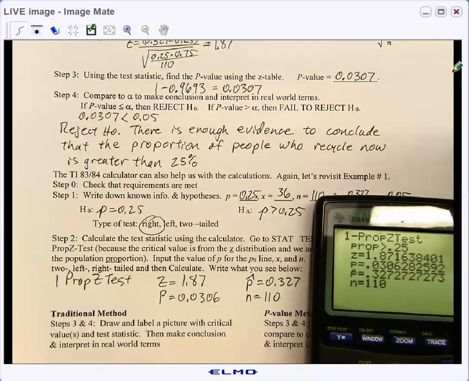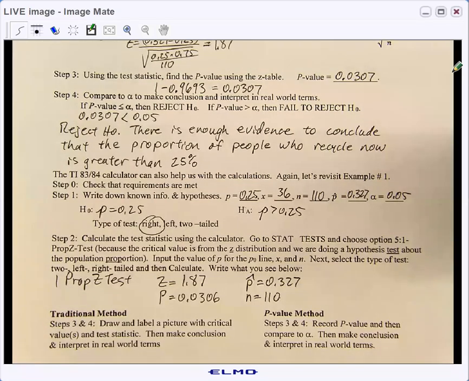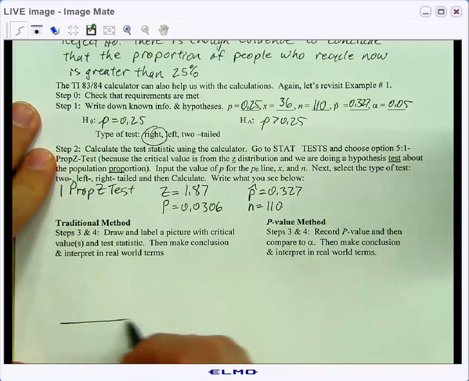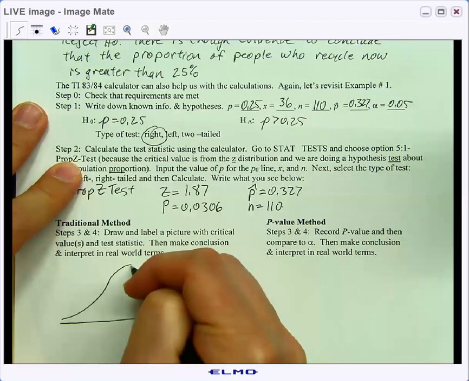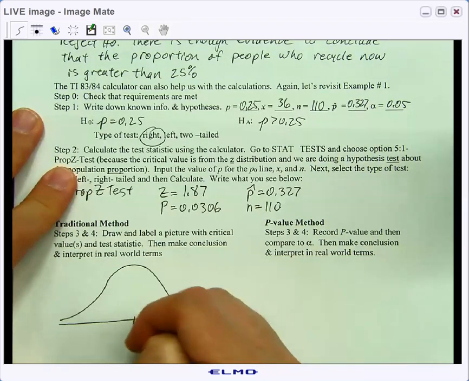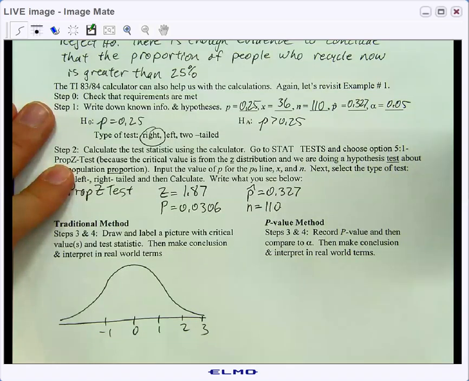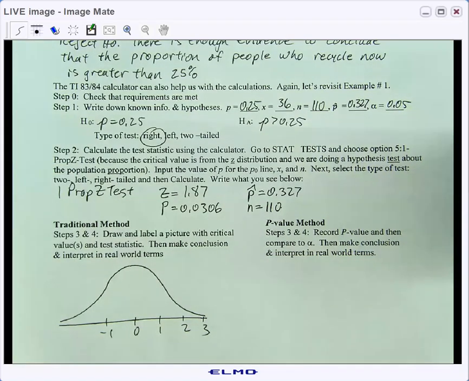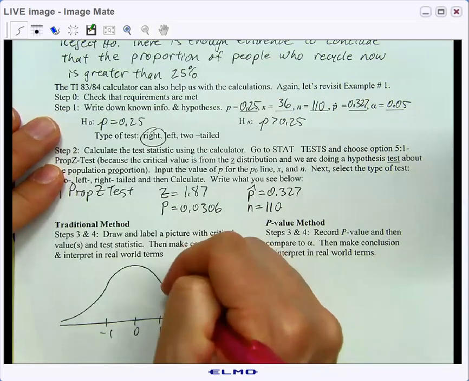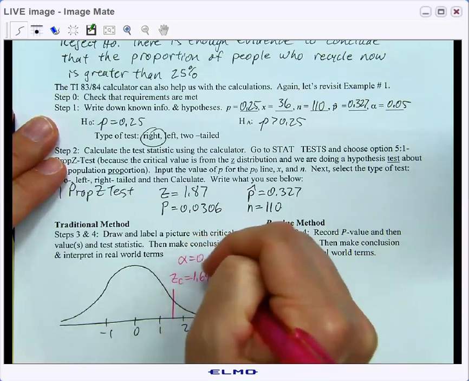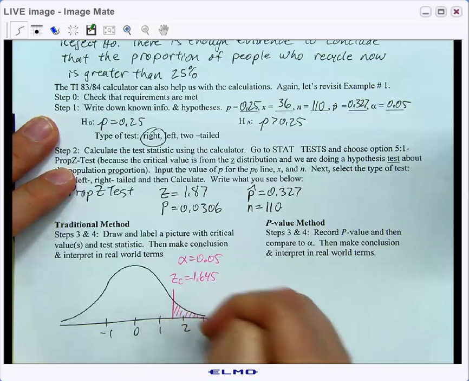Okay. Now we're going to take this and show you how we can use the calculator to solve this in both ways. So we do steps 3 and 4. If we do the traditional method, we're going to draw our bell curve, and 0, 1, 2, 3, etc. We'd find out that our critical value is still 1.645 from our table because we had a 5% level of significance on a right-tailed test.